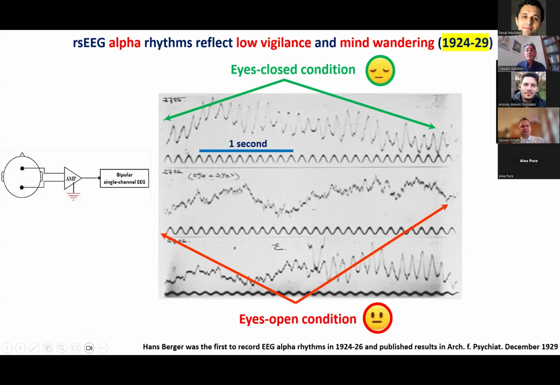And this is the first clear EEG recording from just one bipolar channel, frontal and occipital, from the scalp. And you can see that he was the first to describe this oscillation of EEG activity, about 10 cycles per second, the alpha rhythm, during the eyes closed condition, and the disappearance of this alpha wave during the eyes open condition, but also in other experiments during stimulation and cognitive tasks.